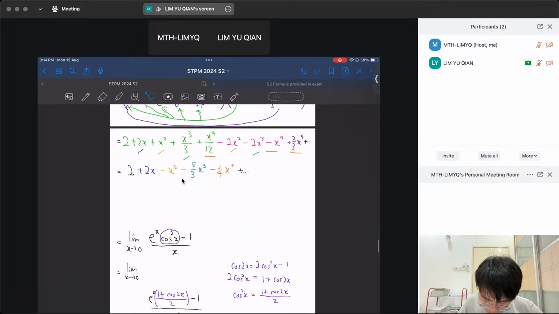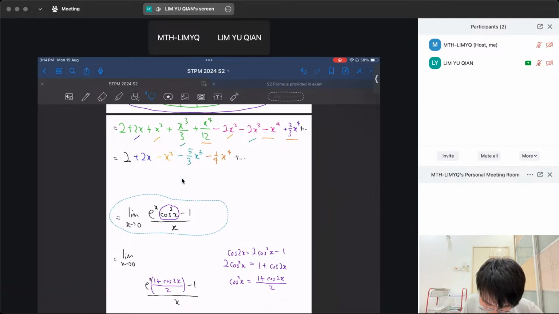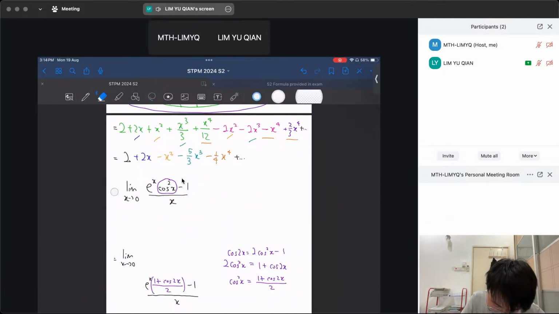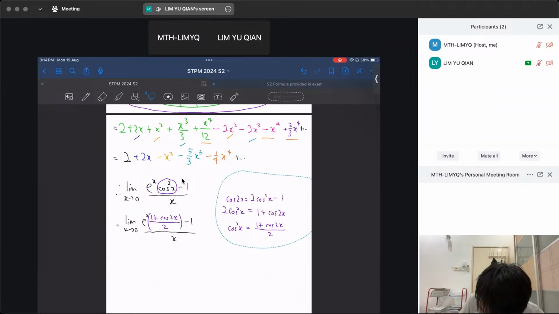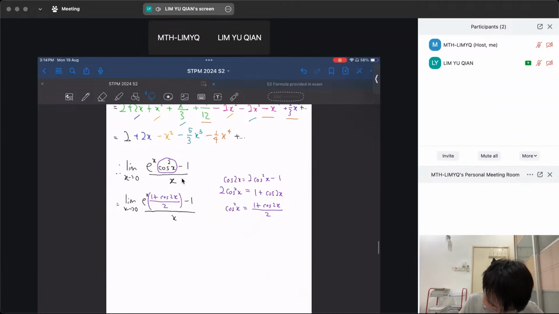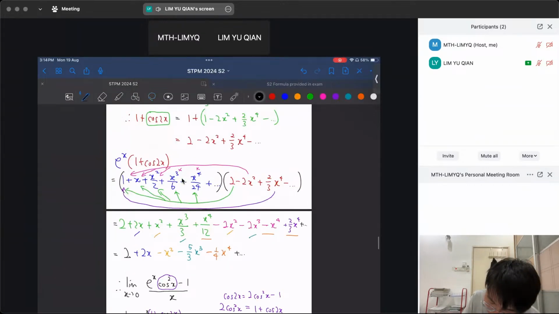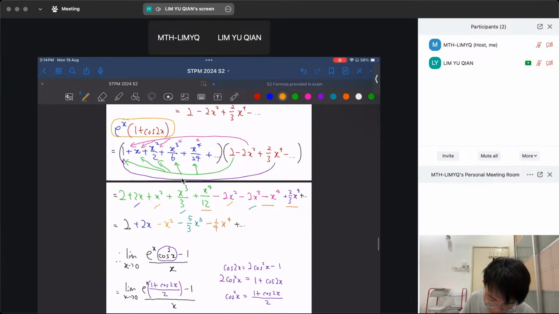So therefore, this one is equal to, substituting using this identity. We want to use the result of this, e^x multiplied by 1 plus cos 2x.